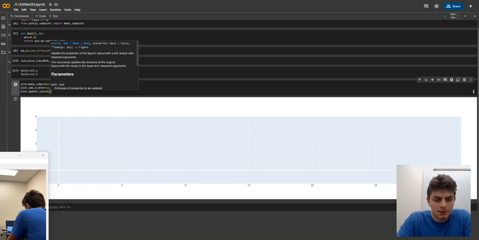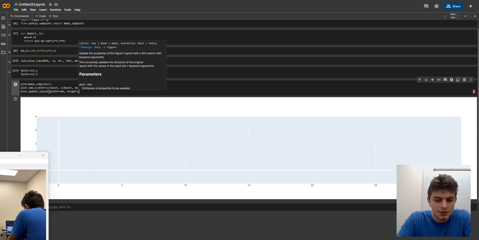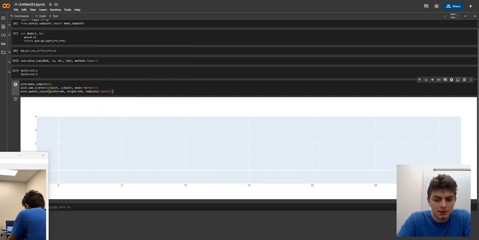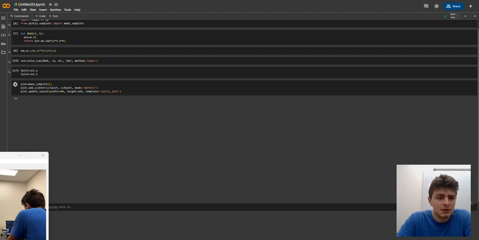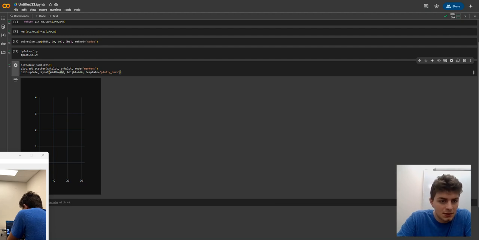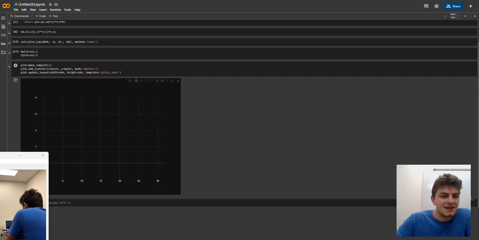Let's see, we can make width equal to 400, height equal to 600, and template equals plotly_dark. And that's an underscore in between. See if that even changes it. Okay, well that's really ugly. So we make width 800. Okay, that looks pretty nice at least.